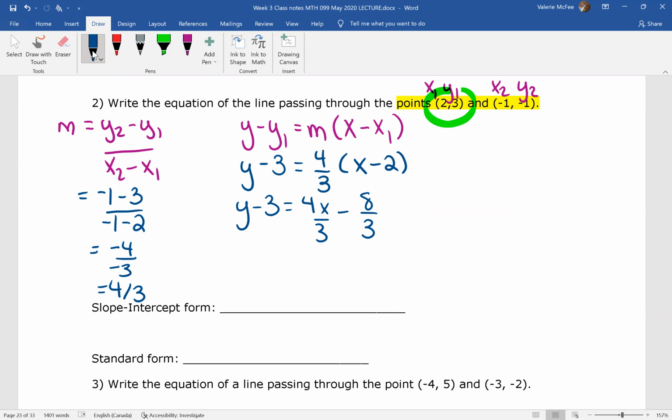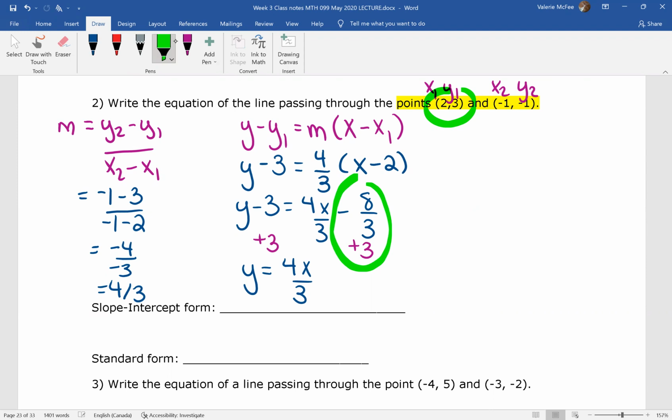Slope-intercept form. You know, the first thing I might want to do, yeah, let's do slope-intercept form. Okay, add 3 to both sides. If this is difficult, let's do it off on the side and talk about it.